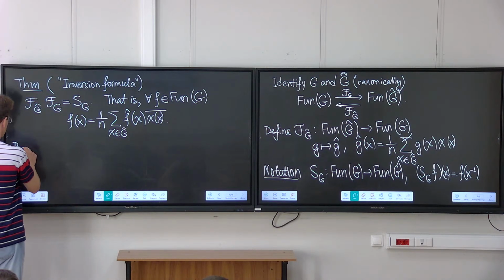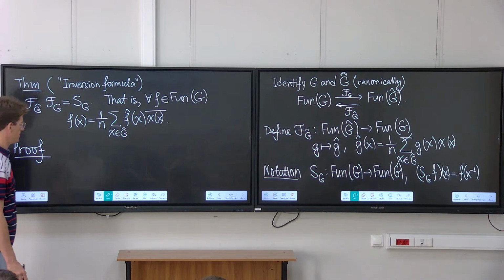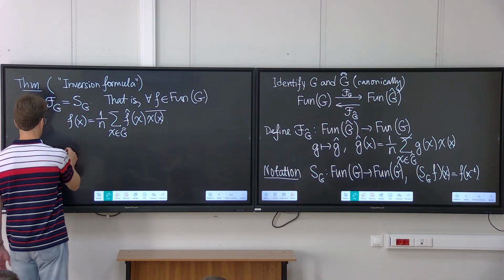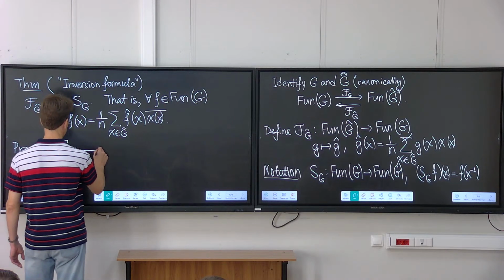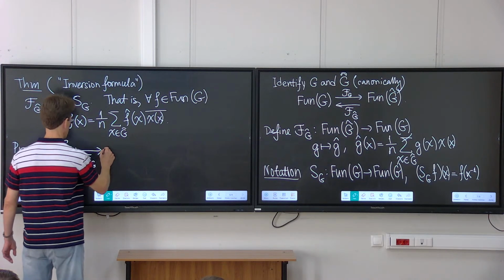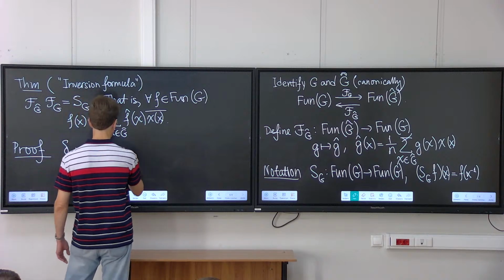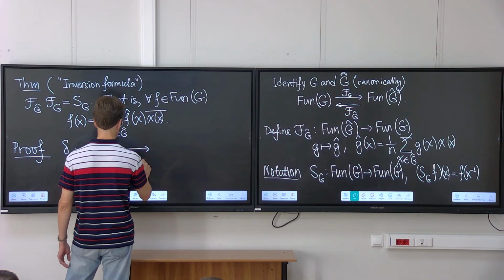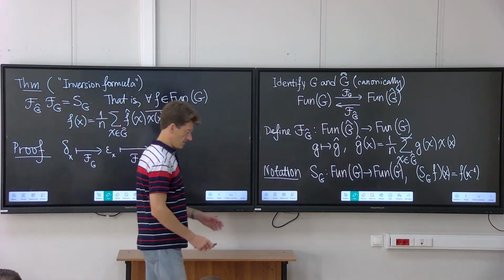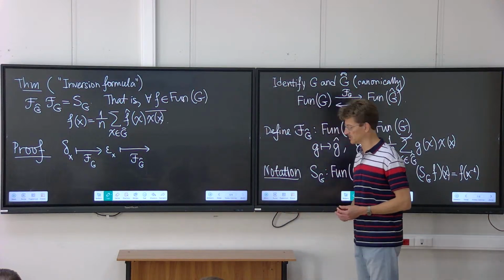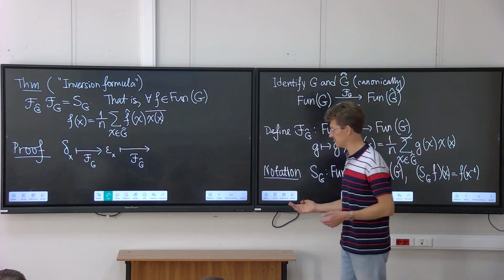And again, the proof is very easy, because we have already calculated the Fourier transform of the delta function and of every character. Indeed, we start with a delta function and apply the Fourier transform F_G, we get the evaluation character epsilon x. If we now apply the Fourier transform of the dual group, F_G hat, we know that the Fourier transform of a character is the respective delta function evaluated at the inverse character and multiplied by n.